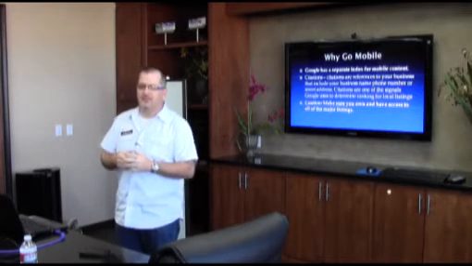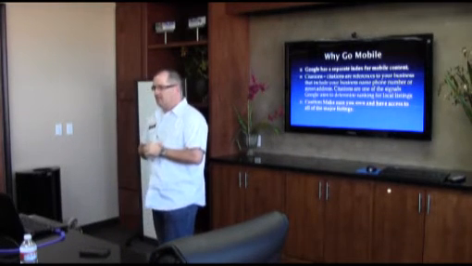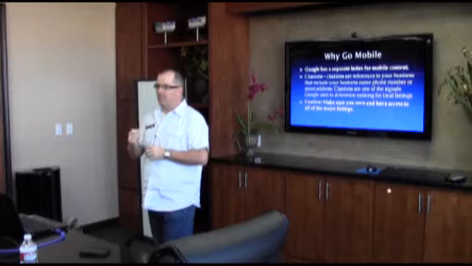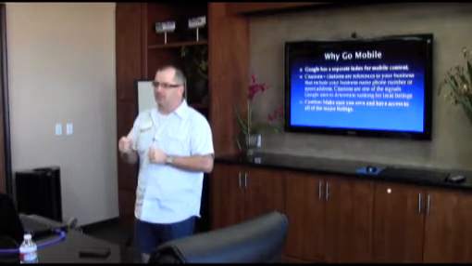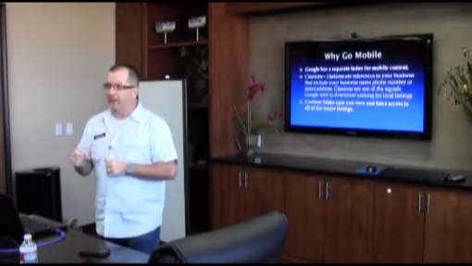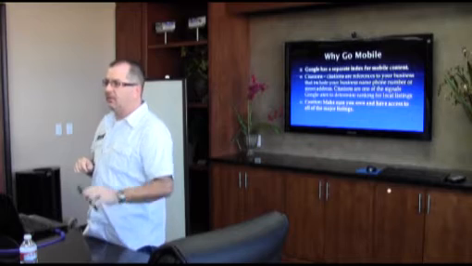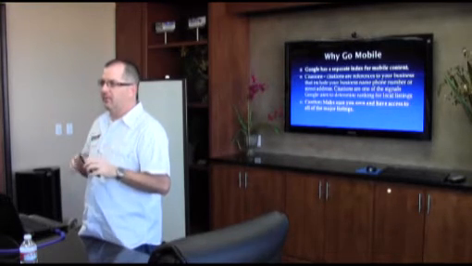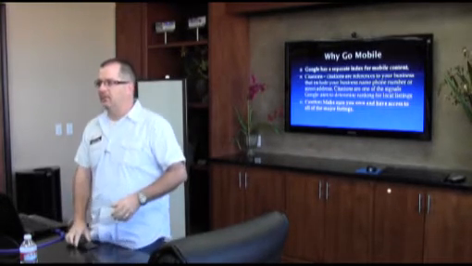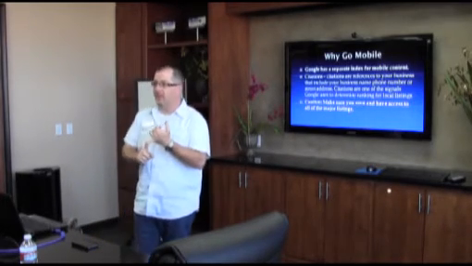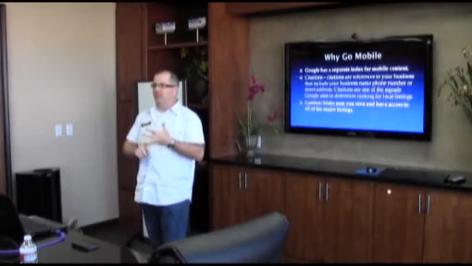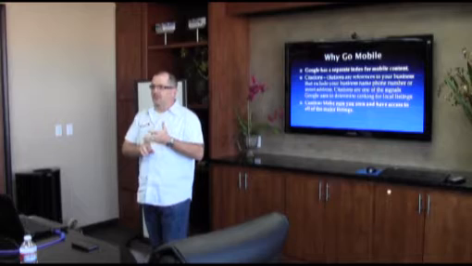Citations, I actually talked about this yesterday. Citations are one of the things Google uses to rank how high they're going to list you on the mobile device. A citation is simply your company name, the phone number, and the address.